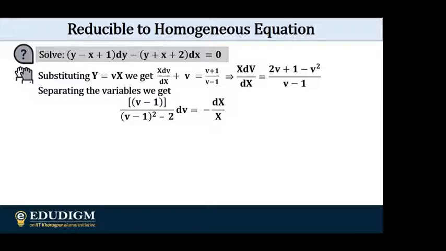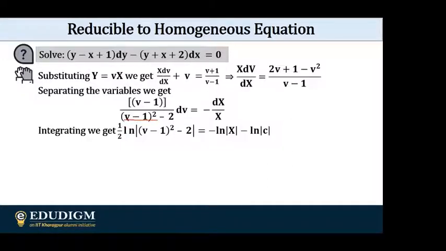Then you substitute for homogeneous equations and separate the variables. Individually, you are going to integrate, and this is what you're going to get after integration. If you look at this one, you can clearly see that if this is z, the differentiation of this is 2 into v minus 1. So I need a half here.